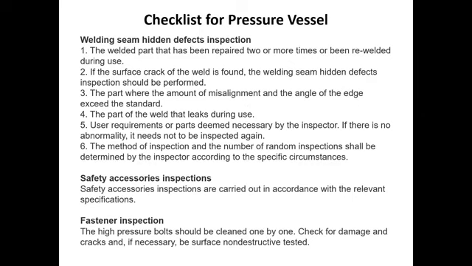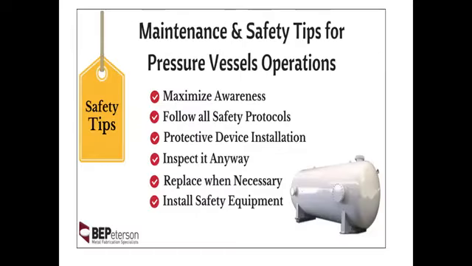There may be safety accessories that should be inspected. There may be fasteners and those should be inspected. So there are various points and details under this inspection checklist. You can go through these different aspects of the inspection checklist for the pressure vessels.